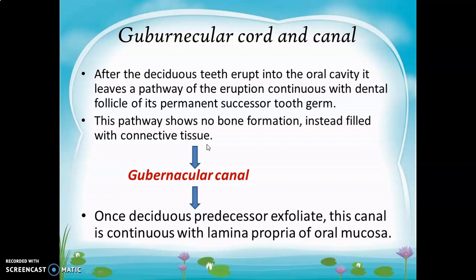This pathway shows no bone formation and is filled with connective tissue, which is known as the gubernacular canal. So after the shedding of the deciduous tooth, you can imagine there is a clear path of eruption, that is the gubernacular canal, which is continuous with oral mucosa on one side and dental follicle surrounding the permanent successor tooth germ on the other side. Thus the gubernacular canal guides the eruptive movement of permanent successor teeth.